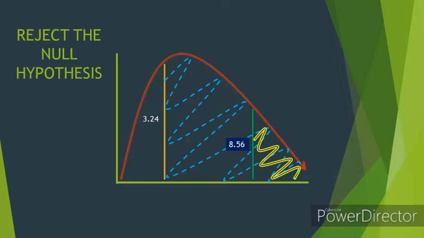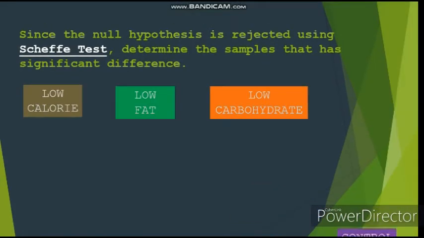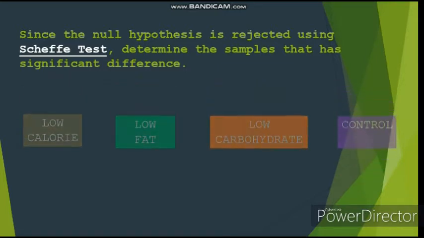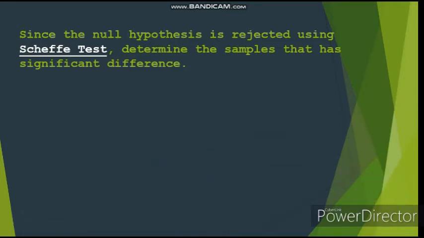After rejecting the null hypothesis, we're going to use the Scheffé test to identify which entry or which factor rejects the null hypothesis. Before proceeding to perform the Scheffé test, let us first identify the respective pairs that are being compared. So we have low calorie, low fat, low carbohydrate and control group.